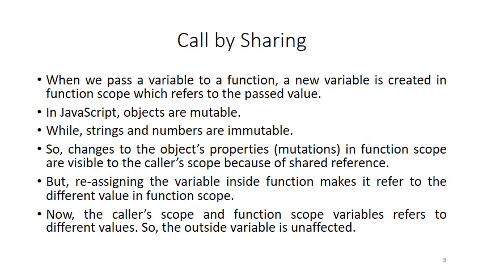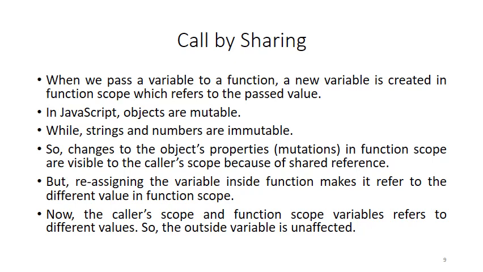In the case of call by sharing, when we pass a variable to a function, a new variable is created in the function scope which refers to the passed value. In JavaScript, objects are mutable while strings and numbers are immutable. We call changes to the object's properties mutations.